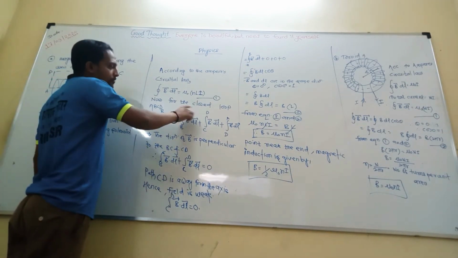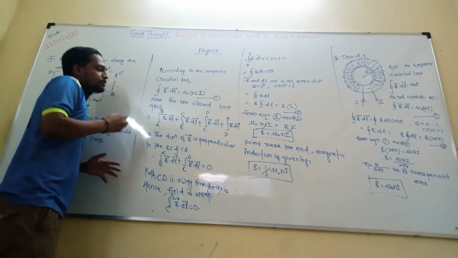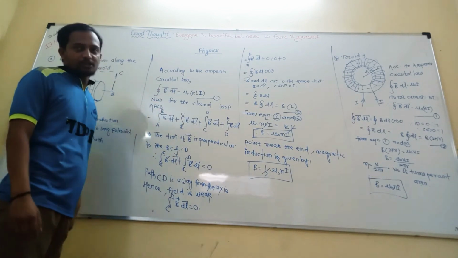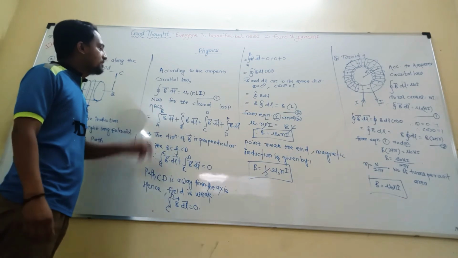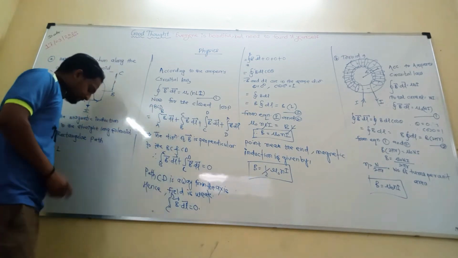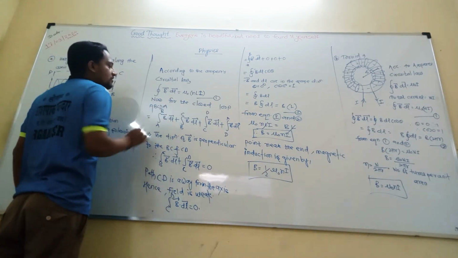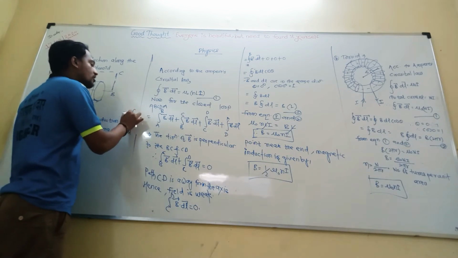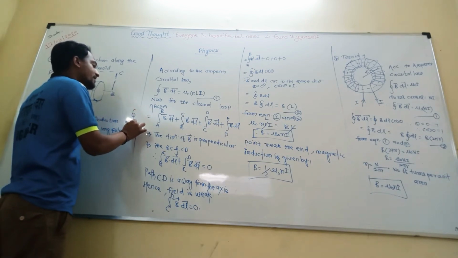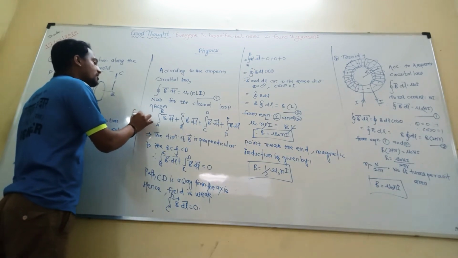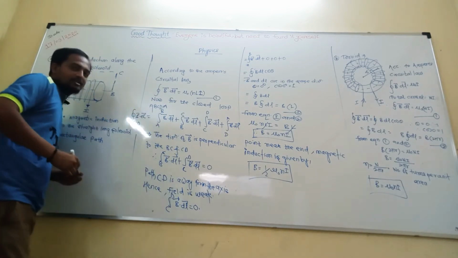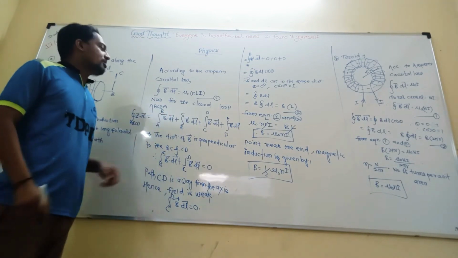Now we consider the total field produced due to the solenoid for the closed loop ABCDA. So for the closed loop ABCD, the integral of B bar dot dl bar is equal to the sum of the integrals from A to B, B to C, C to D, and D to A of B bar dot dl bar.